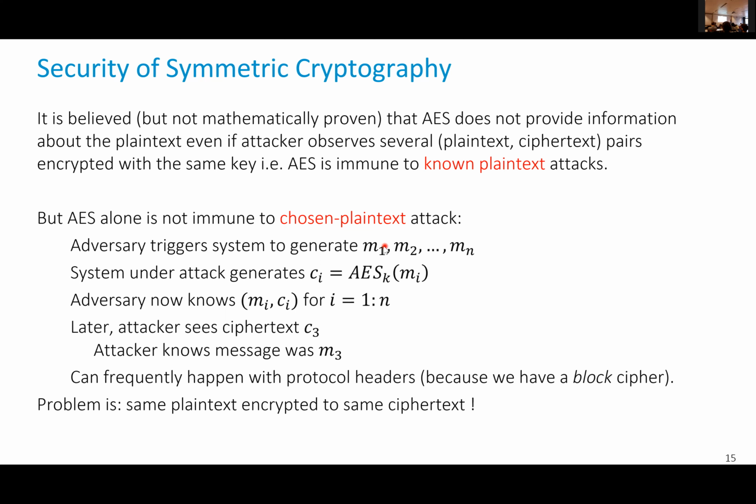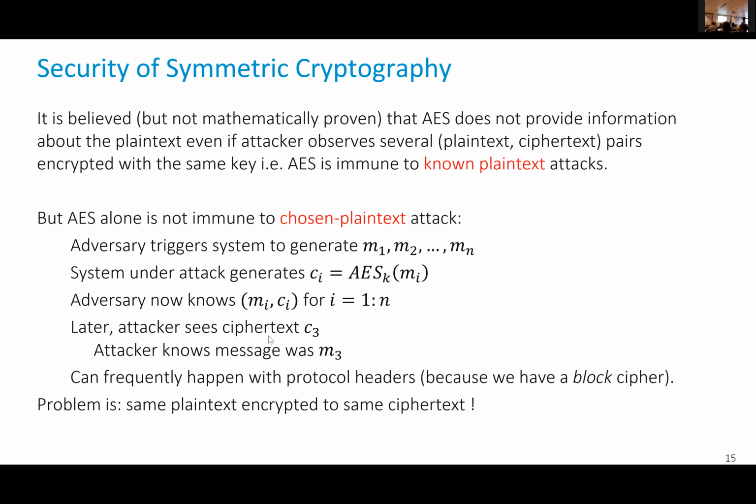And so formally, if you have a number of blocks M1, M2, Mn that are encrypted, and you've seen the pairs Mi, Ci a number of times, then that may give you some information, because you have forced the crypto system to encrypt something by submitting a value, if you have this capability.